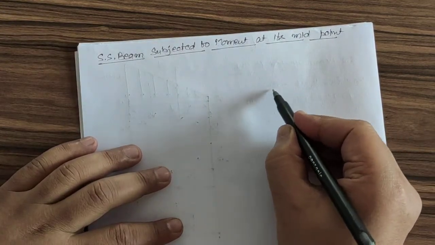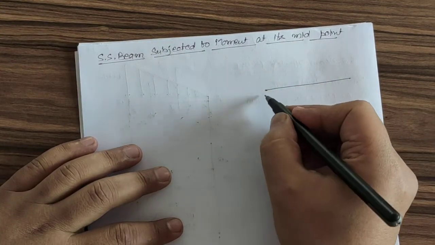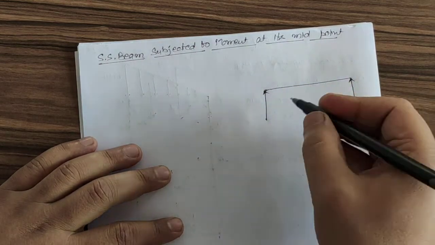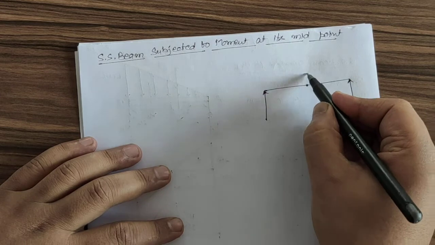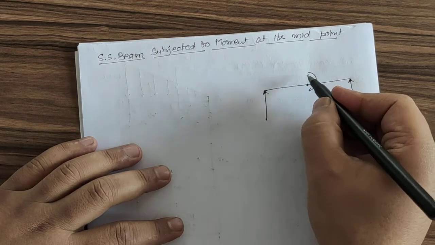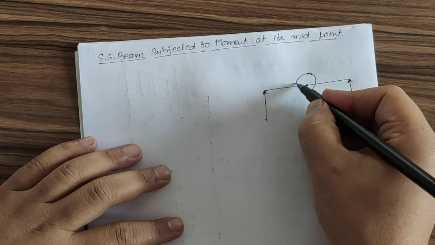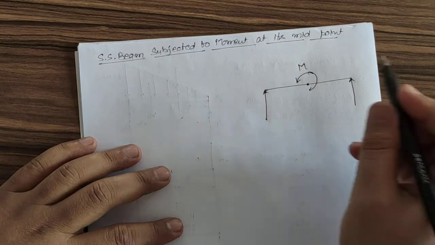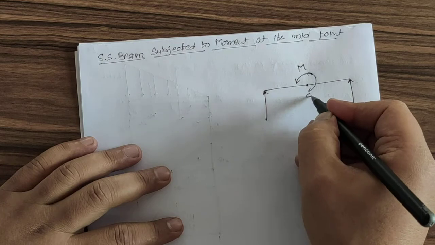We have removed the supports, and these two reactions will be there, and this is subjected to a point moment. Let us say M is the point moment which is acting at point C.